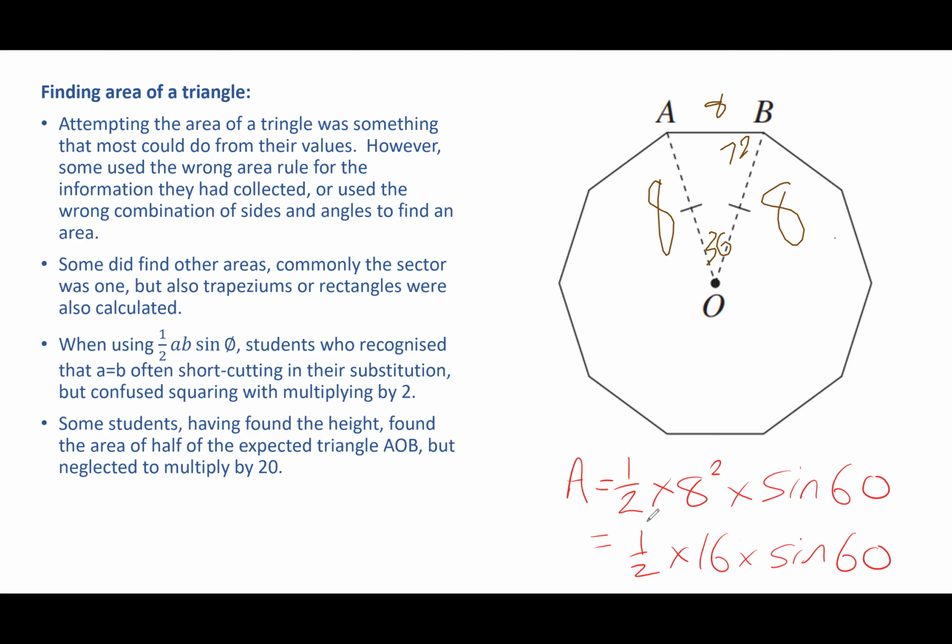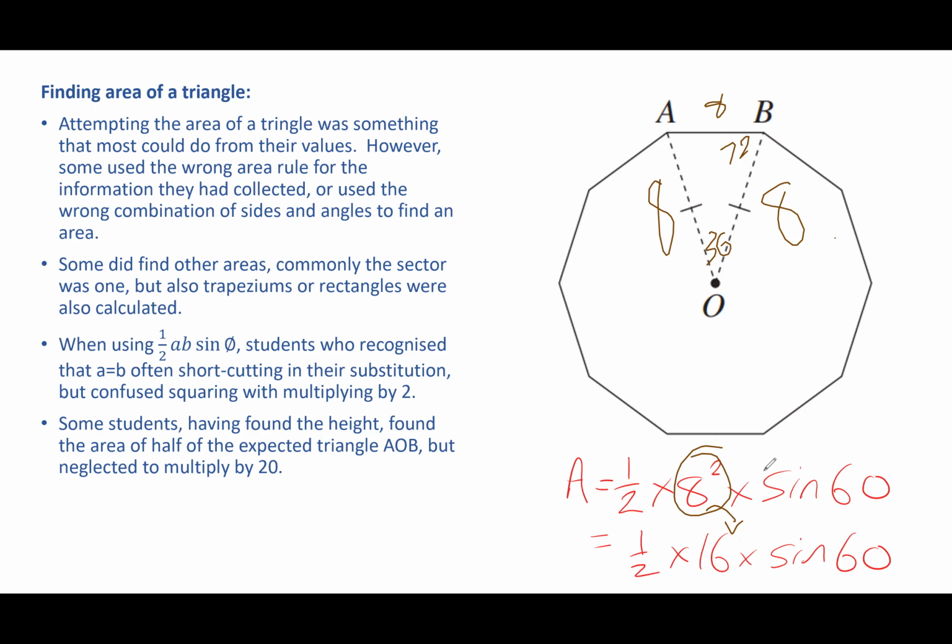We've got this formula here, half times 8 squared times sine theta, but they'd interpreted the 8 squared to be 16. So we did see that a fair bit. So it was a real problem, the difference between squaring and timesing by 2.